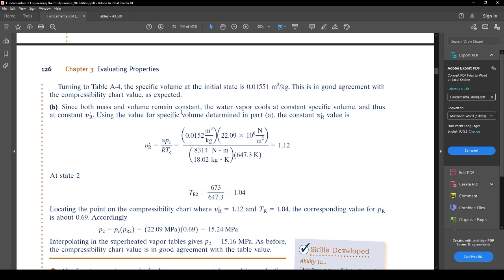Using the value for specific volume determined in part A, the constant Vr prime value is Vr prime equals V times Pc over R Tc. And when you plug all of those numbers in, you get a constant value out, which is this.